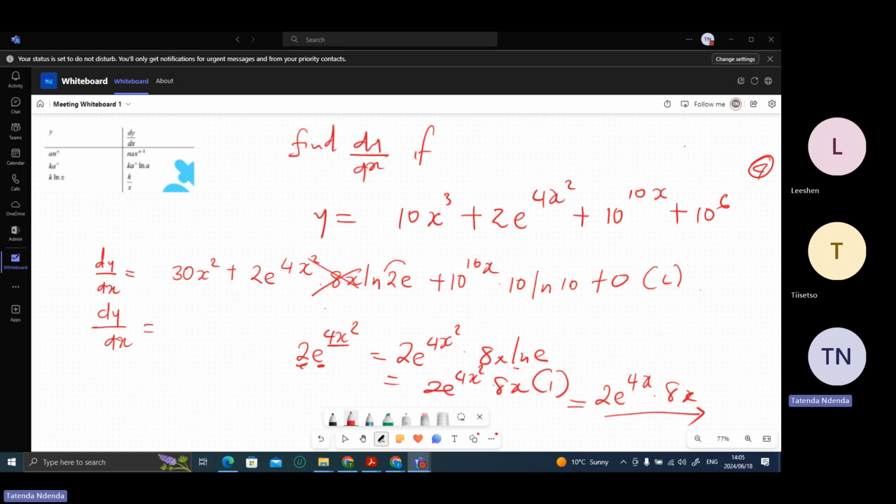This part here is also going to be a problem. So that is the third law, basically those logarithm laws. Okay.